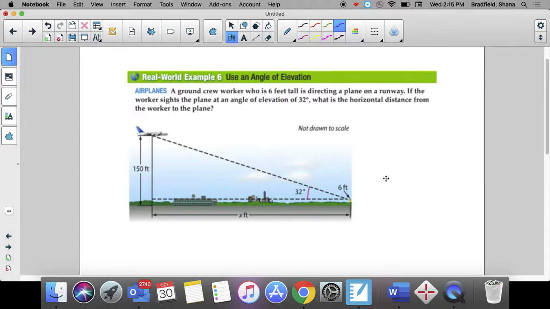We just want to find out what x is. And we know that the height from the line of sight of the person to the plane is 150 feet, and we've got an angle of elevation, which is 32 degrees.